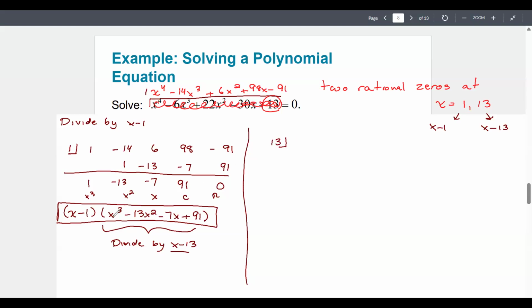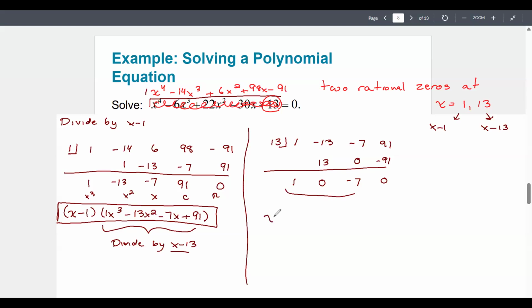Now we have coefficients of 1, negative 13, negative 7, and 91. We drop the 1. 1 times 13 is 13, and negative 13 plus 13 is 0. 0 times 13 is 0, so we get a negative 7. And I'm going to double check this, but I'm pretty sure that negative 7 and 13 are in fact negative 91. So this is my other remainder.